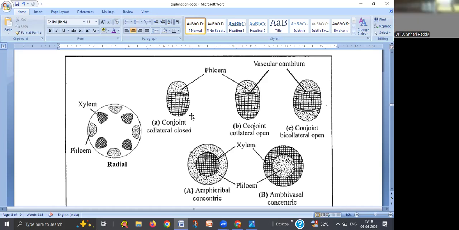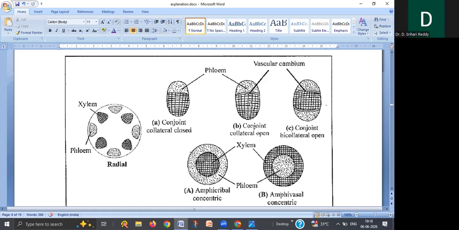Okay, next, collateral vascular bundles. In the collateral vascular bundles, usually phloem is in the upward direction and xylem is located below the phloem. That is called collateral vascular bundles.